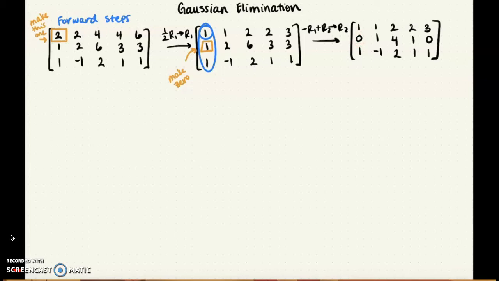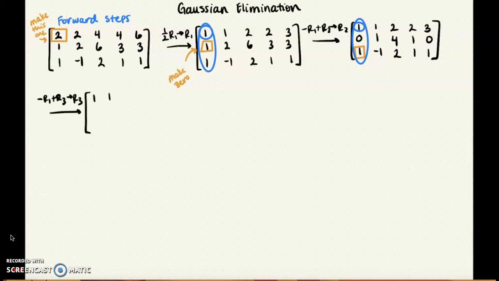Now our next step is we want to make this last element down here in the first column 0 as well. And again, because we are working in the first column, I'm going to use the leading one in that column. So I'm going to do minus row 1 plus row 3. I'm going to replace row 3 by that.